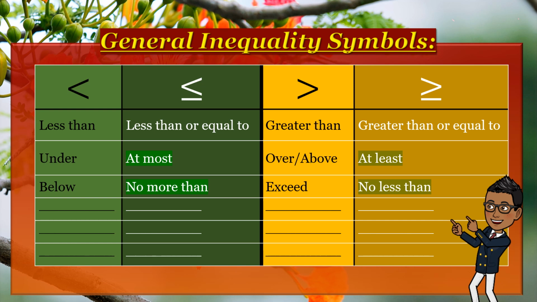Notice that with the signs that are less than or equal to, or greater than or equal to, there's a little line under them. Bear that in mind. But these are the 4 general inequality symbols besides the not equal to symbol. All right, let's go.